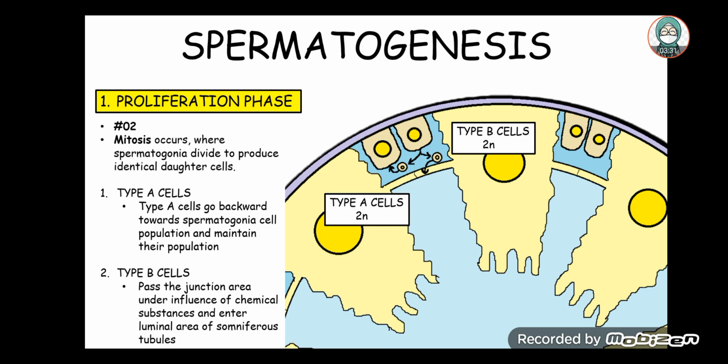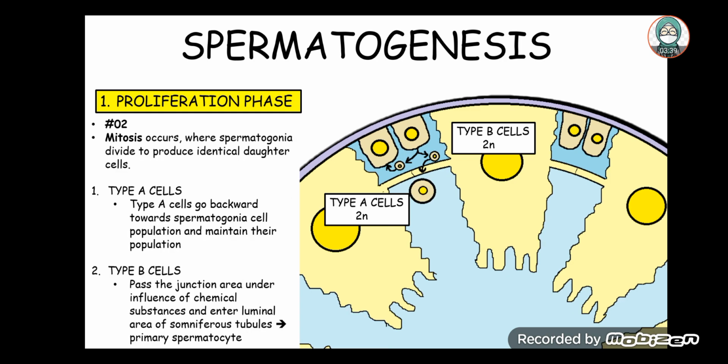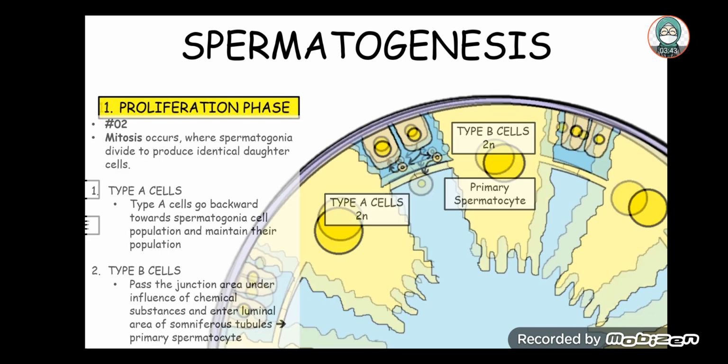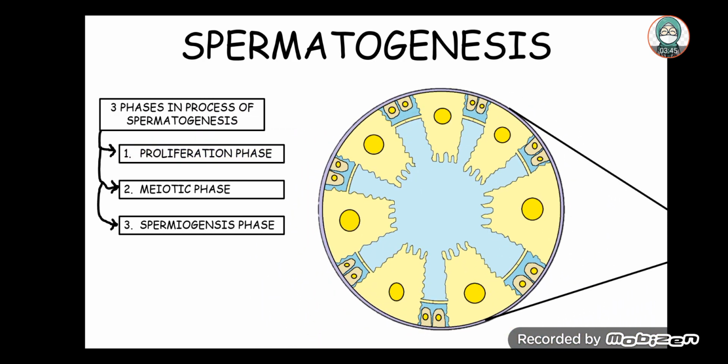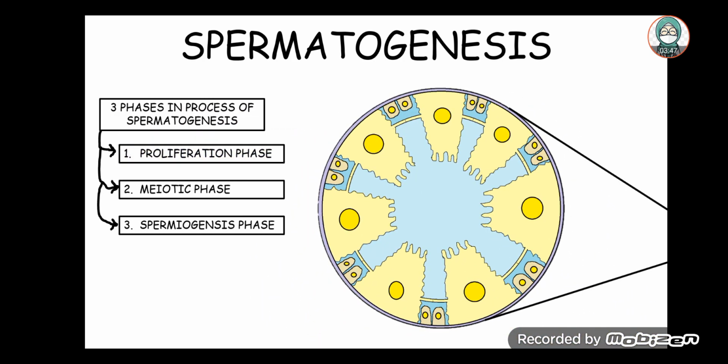Once the type B cells pass the junction under the influence of chemical substances and enter the adluminal compartment, they are now called primary spermatocytes. So at the end of the proliferation phase, primary spermatocytes are formed from spermatogonia as a result of mitotic division.